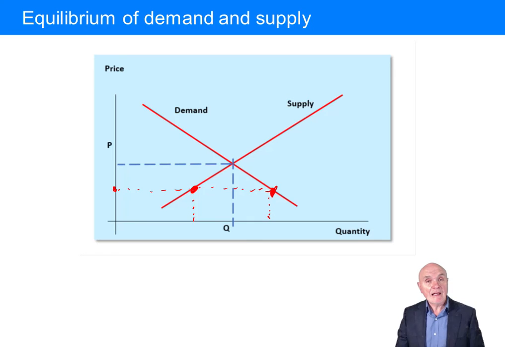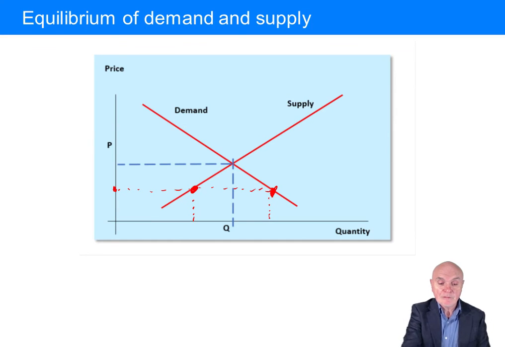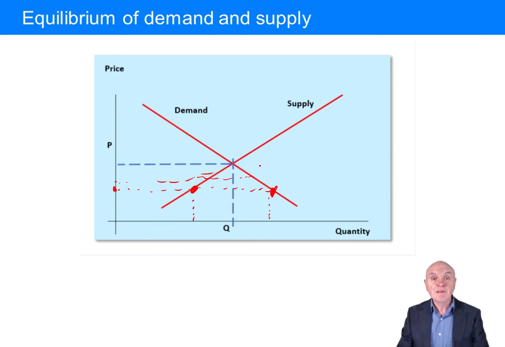And what's going to happen? Well, with that excess demand, some of those people will be willing to pay a higher price to get their hands on this scarce product. They are willing to pay a higher price, and so the price is going to move up. The higher price will encourage some of the producers to produce more units, and so on.